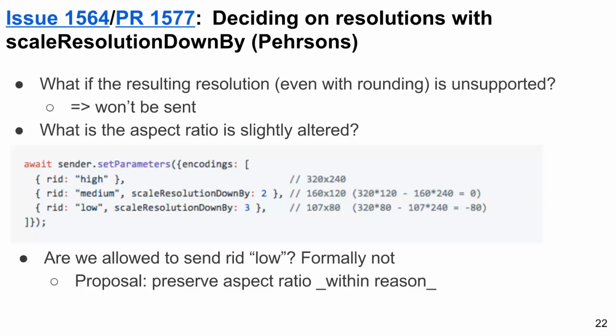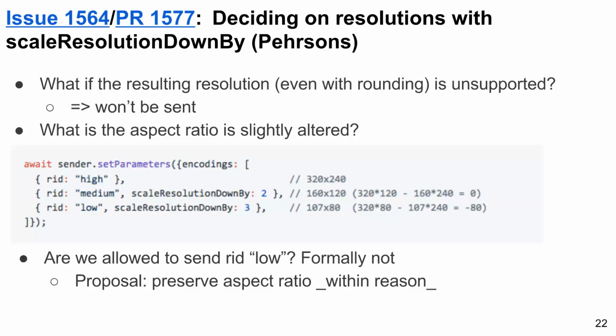So you shave off a little on the width or height, and suddenly you do not have exactly the right aspect ratio, because that would require you to send a fraction of pixels. Right. So I basically preserve the aspect ratio within the fact that we have to deal with integer number of pixels. Correct. What I would suggest, and whether that's here or in JSEP, I don't really care.